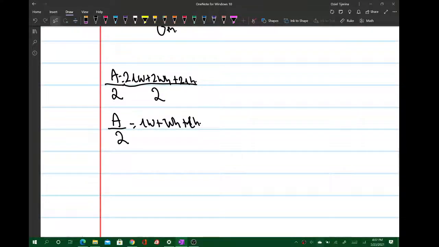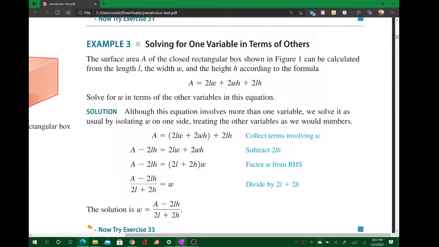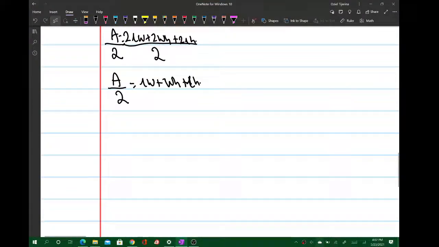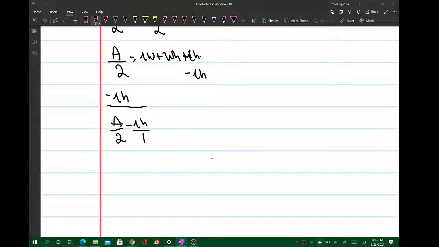And again, we want to solve for W. So we're going to go ahead and subtract LH on both sides to get our W's by themselves, to get it in terms of W. A over 2 minus LH over 1, that's like saying, if we do cross multiplication, we get A minus 2LH over 2 equals LW plus WH, right?